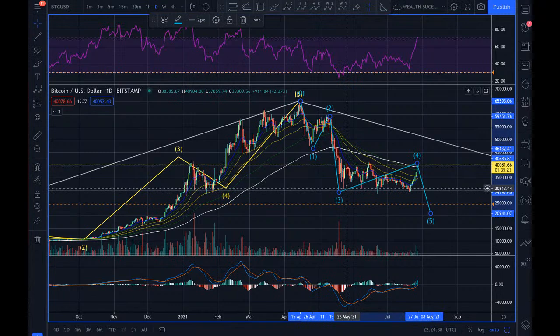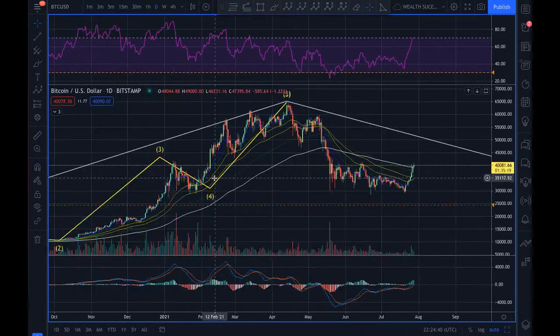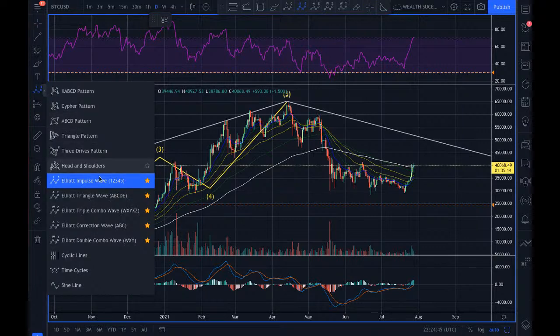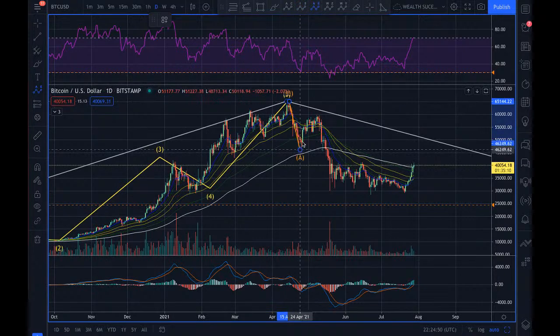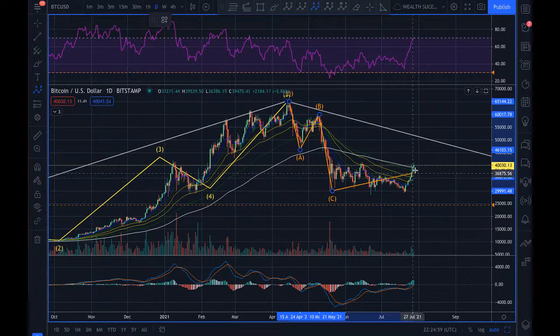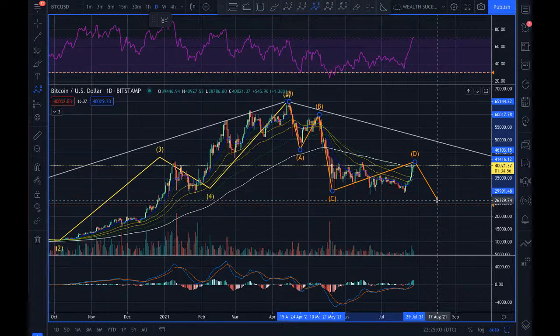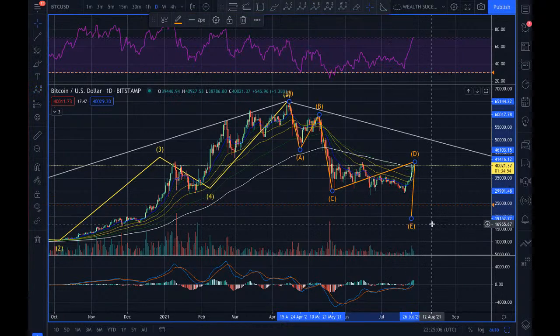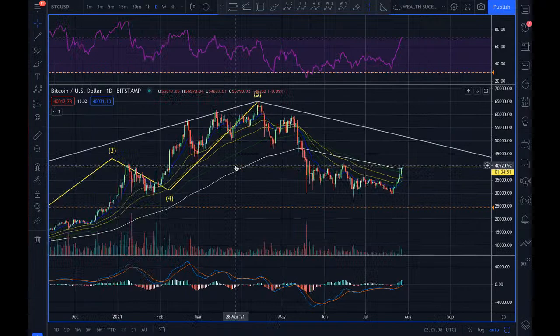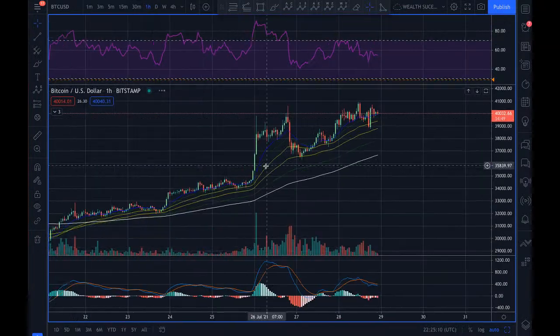Or looks more like some kind of A, B, C. No, that's not the right shape. Get rid of that. All right, let me get closer in here and see what we've got.